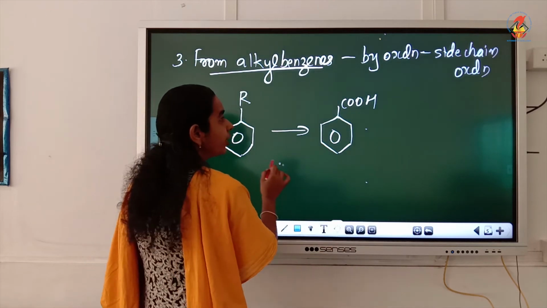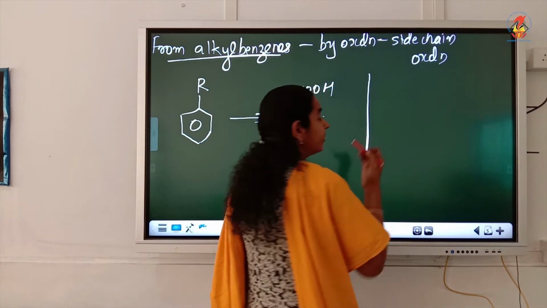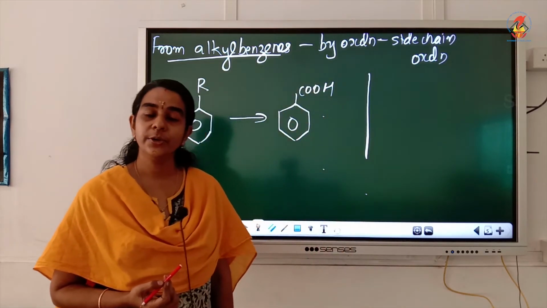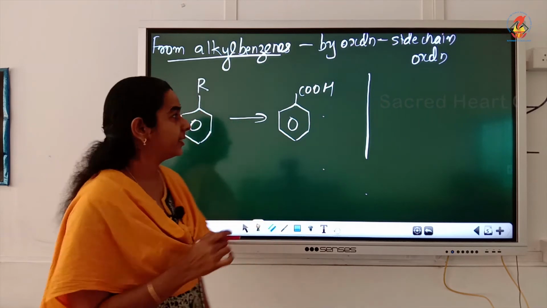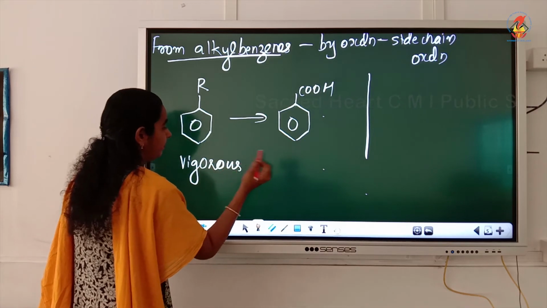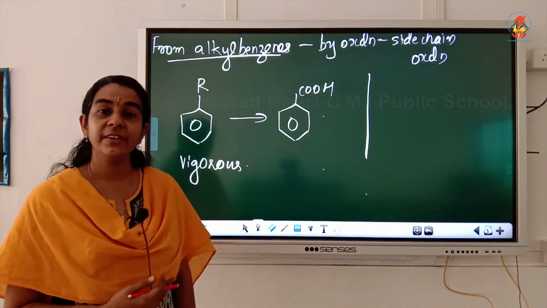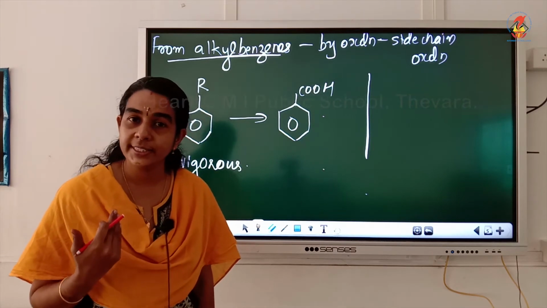Now the reagent required for side chain oxidation: the side chains can be oxidized to carboxylic acid only under vigorous conditions. We know what is meant by vigorous condition, that means heating with strong oxidizing agents.